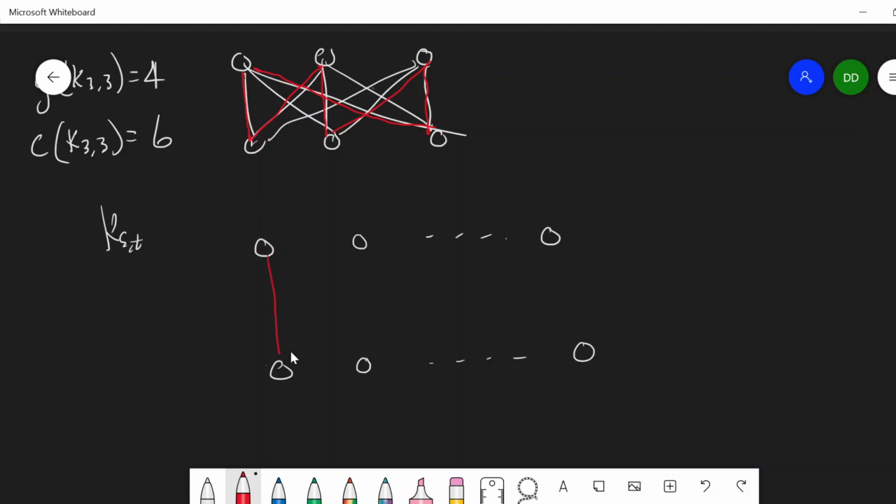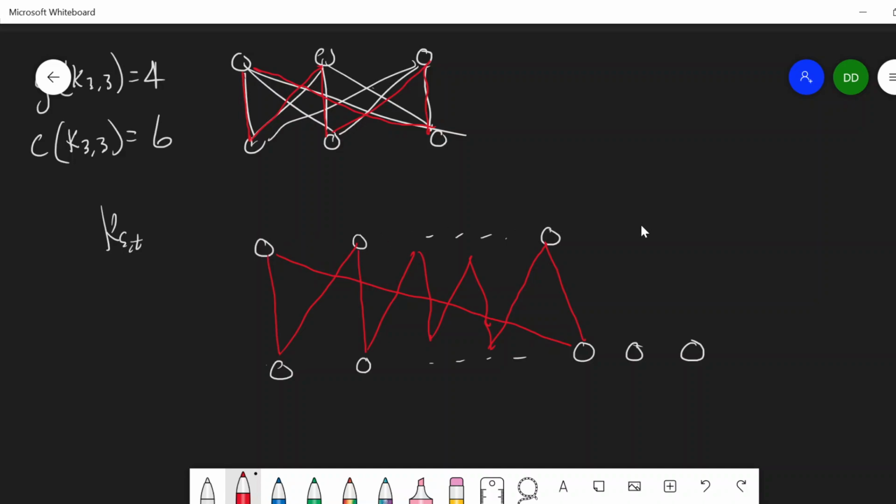So I come out, I go back in, go to the other partite set, and I can keep doing this until I run out of vertices of S. So maybe I've used up this one, and now I come back here, and now maybe I've run out of vertices of S. Maybe I even have some other vertices here, but I've used up all my vertices of S. And so now I'm forced to close up my cycle to get the longest one.